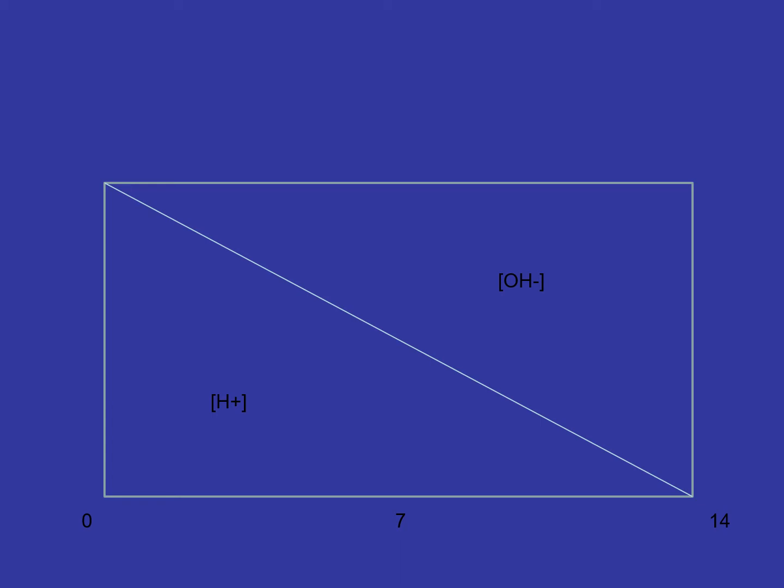The area below the diagonal represents the concentration of hydrogen ions, whereas the space above the diagonal represents the concentration of hydroxide ions. So as you go down numerically, hydrogen ion concentration increases. As you go up numerically, hydrogen ions decrease relative to hydroxide ions. And then at pH 7, we have a point where the two are in equilibrium, right? The concentrations of the two are equal.